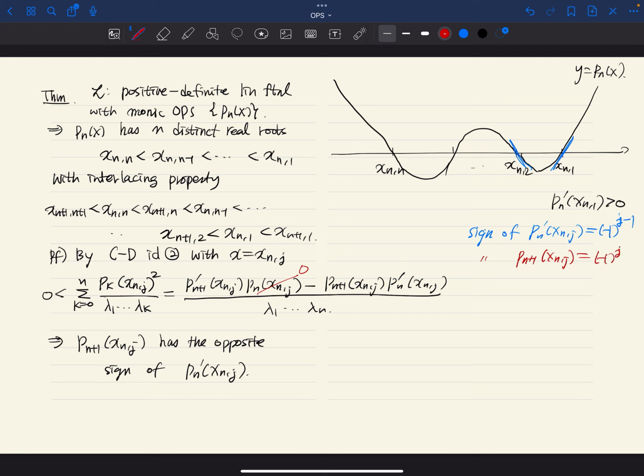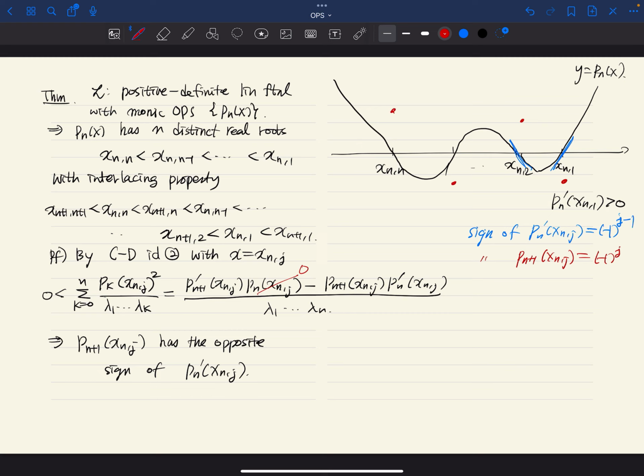That means if you substitute this into P_{n+1}(x), you get something below, something over here, and then it changes sign, so it goes above somewhere here, and then down and up like that.